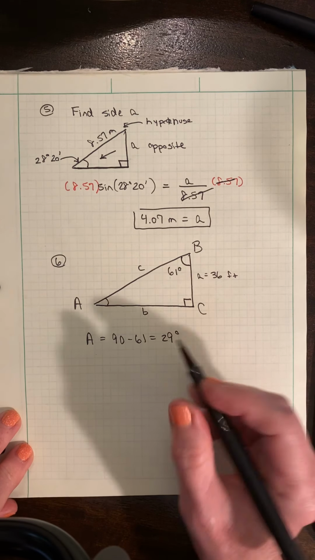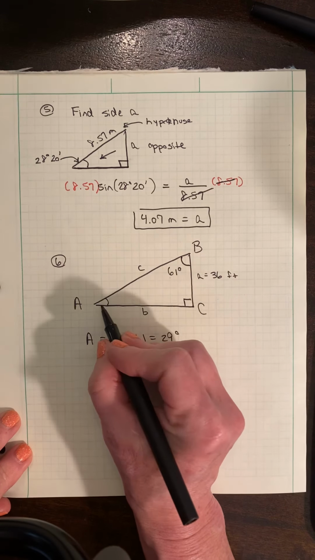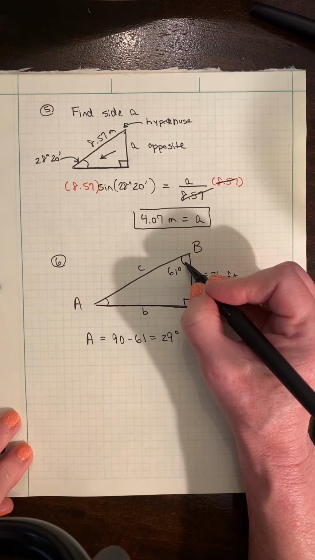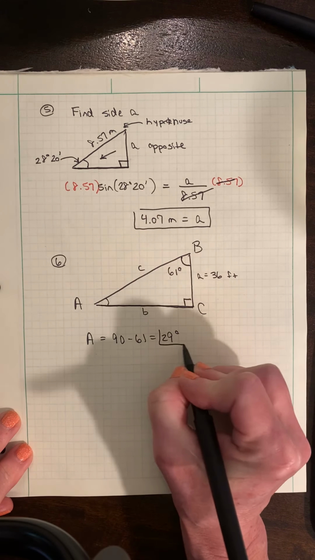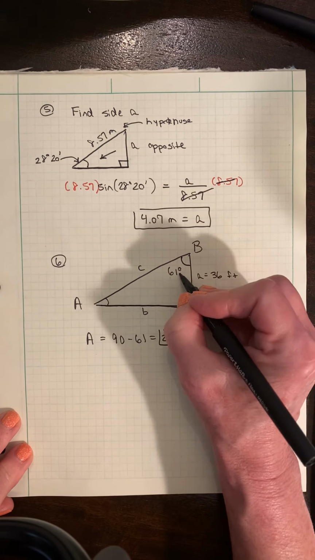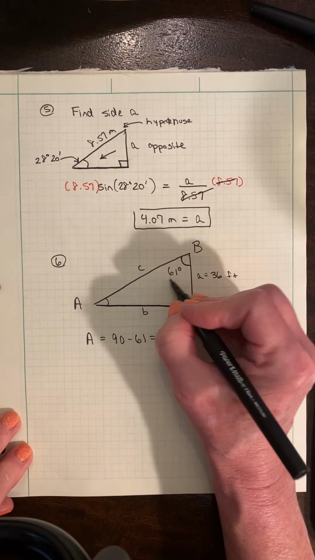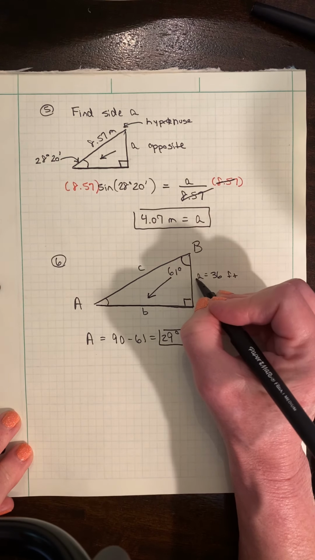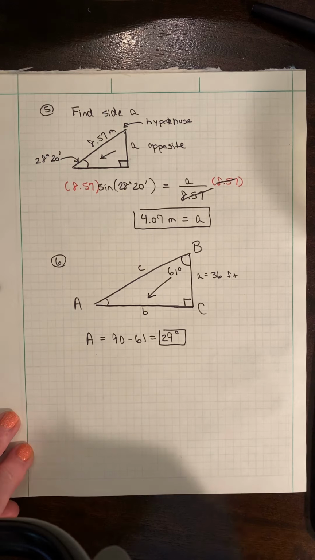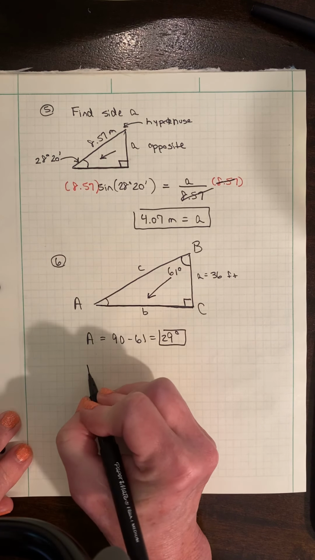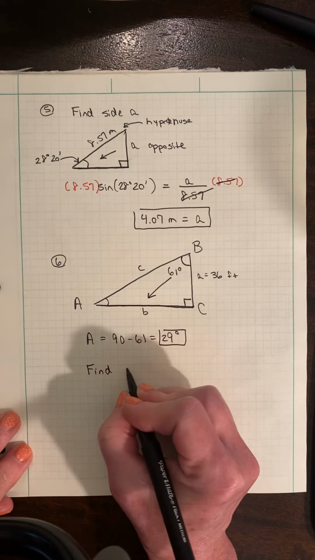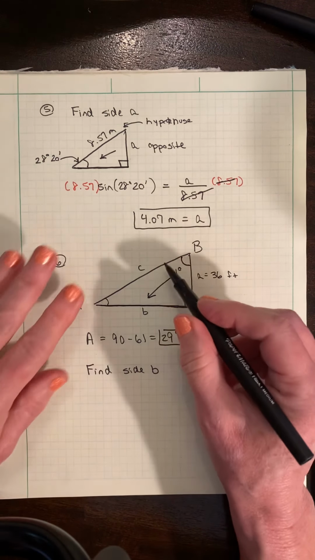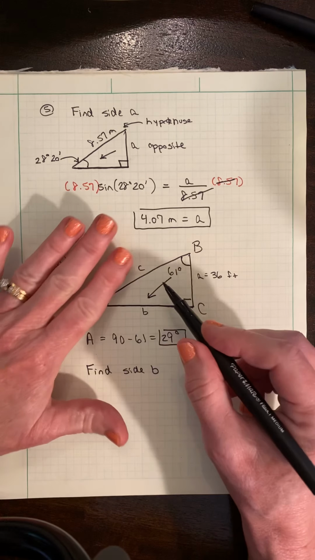And let's say I want to find little b here. I'm going to use this angle, which we know is right. This angle is opposite of this and adjacent to that. Opposite and adjacent, that's our tan. To find side b, we don't know C right now, and let's say we haven't found A yet.